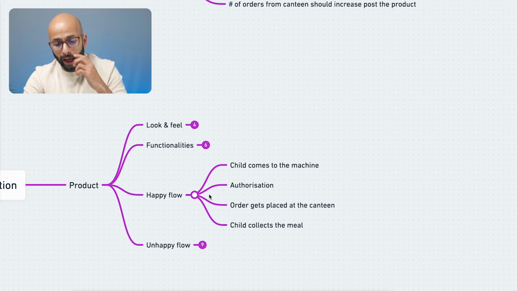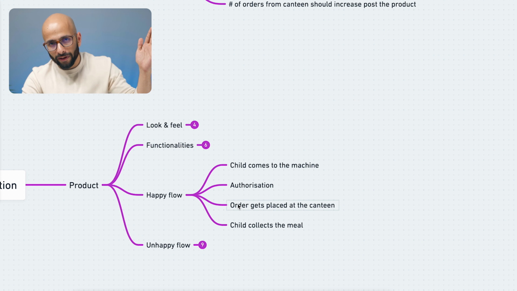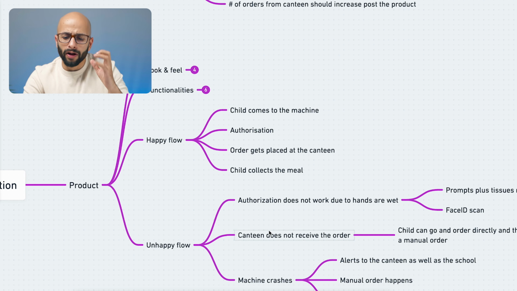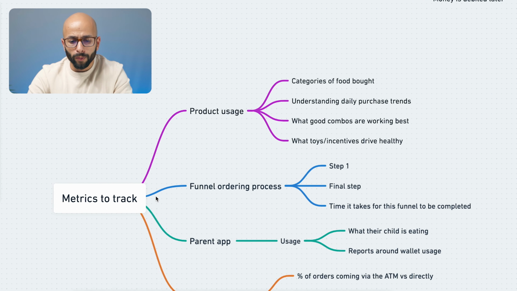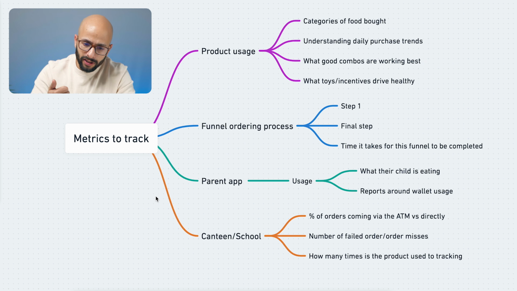We spoke about the happy flow, and also some unhappy flow use cases. At the end, we talked about metrics to track, whether it's product usage, the funnel ordering process, the parent app, or the school and canteen. We didn't talk about GTM, but overall, from a product sense round, this is the way I would want to approach it.